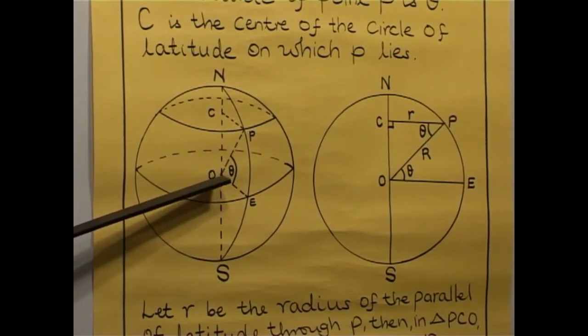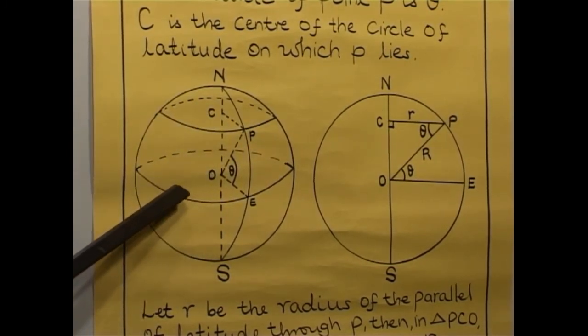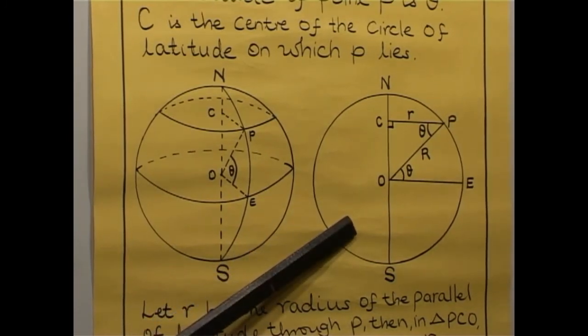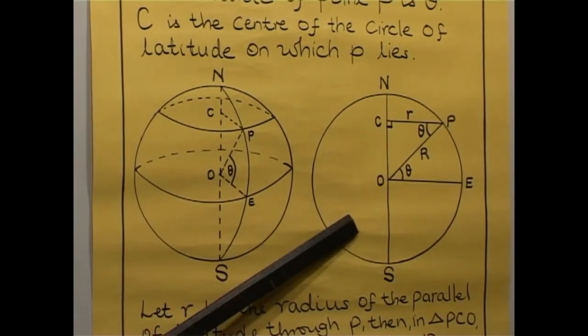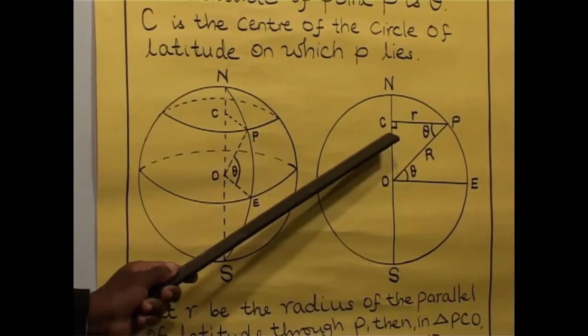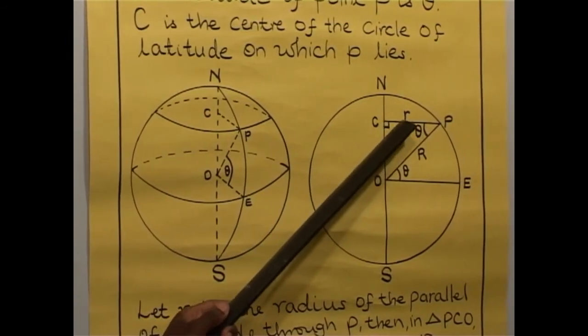You measure from the equator, it means it makes an angle of theta degrees. So from this sphere, we can interpret by looking at the other part here, which is a plane figure, where we can easily now interpret that the radius of a circle of latitude is small r.